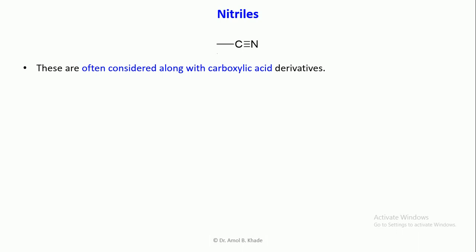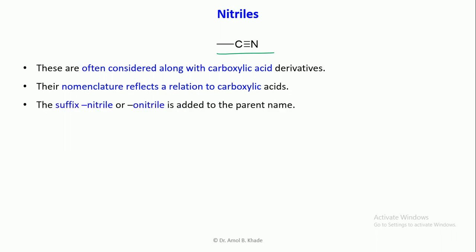So these nitriles are represented by this generalized formula: C triply bonded to this nitrogen. Their nomenclature reflects a relation of these nitriles to the carboxylic acid, and whenever you find a nitrile functionality, we use a suffix, nitrile, or O-nitrile, added to the parent name.